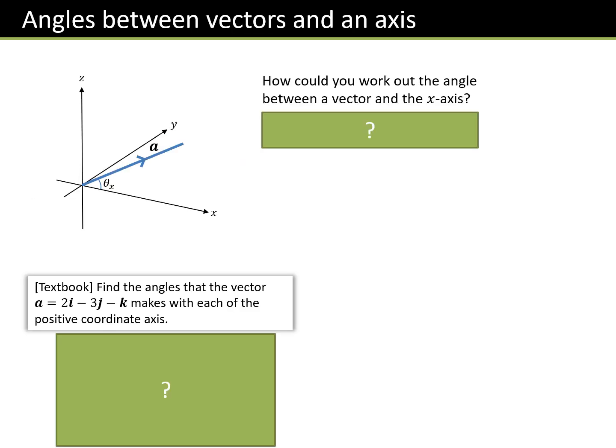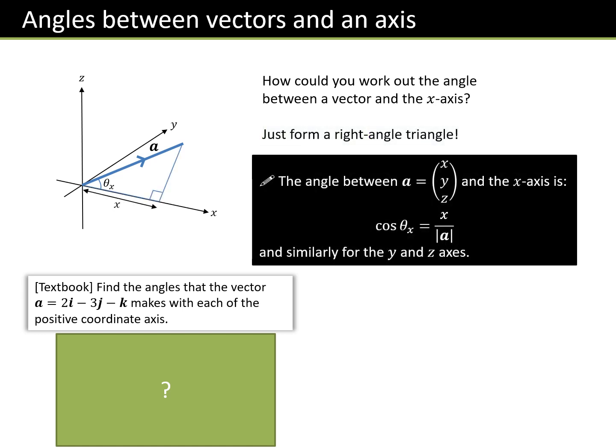Having a look now at the angle a vector makes with each of the axes, whether it's the x, y or z axis, how could we work out that angle? We're just going to form a right angle. So here we've got the angle that this vector, the blue line a, makes with the x-axis. We call the distance along the x-axis x, and then the vector a is going to be the hypotenuse.